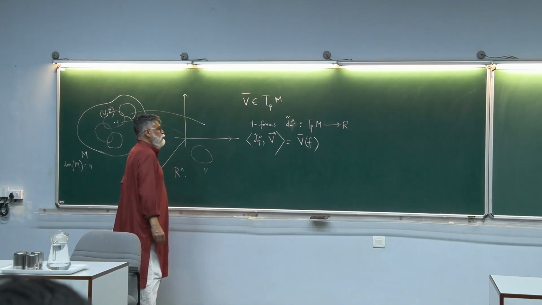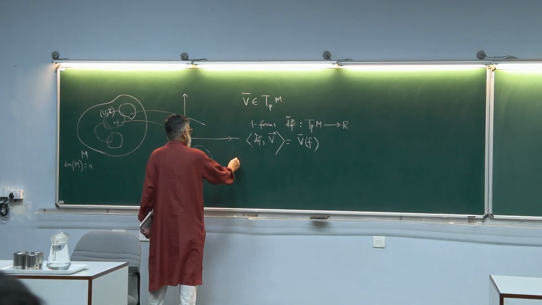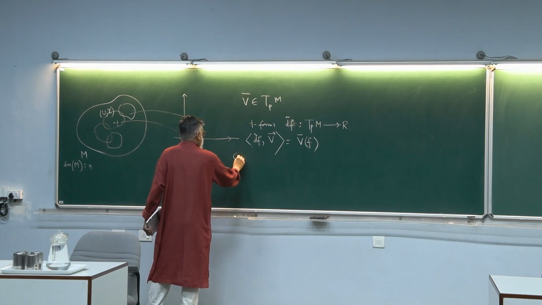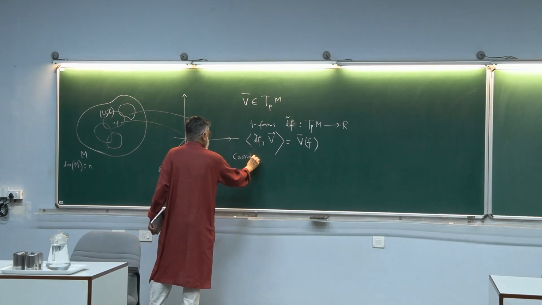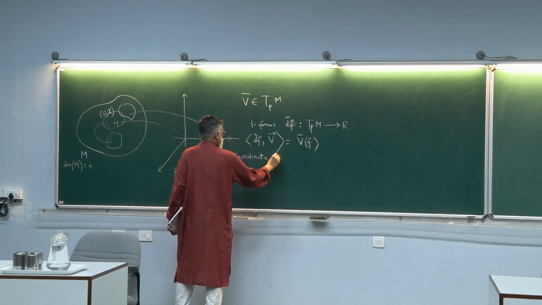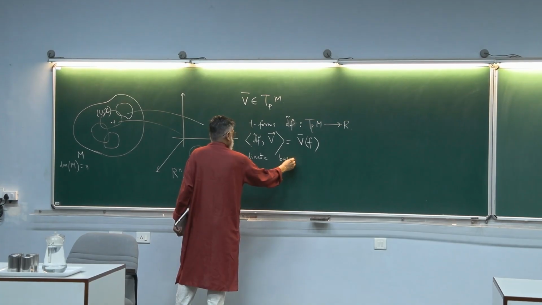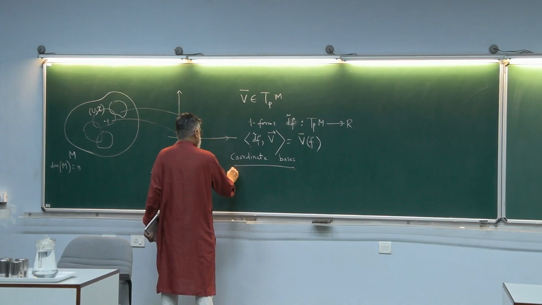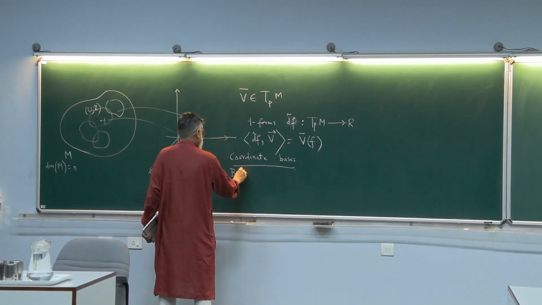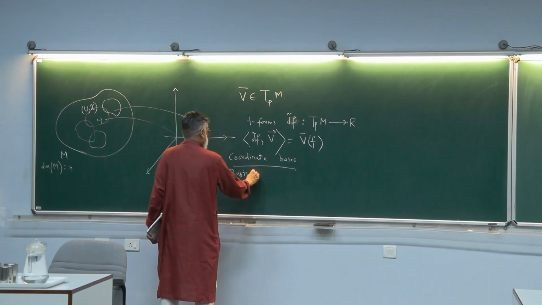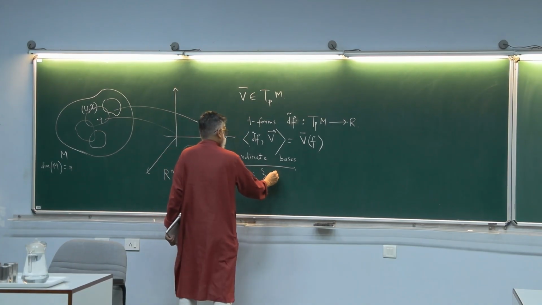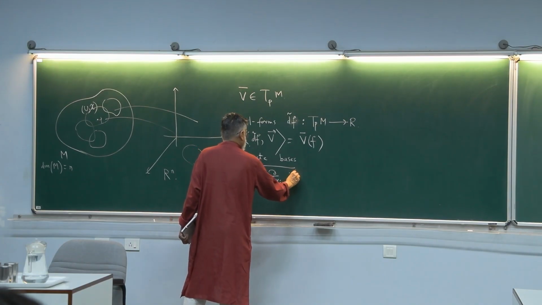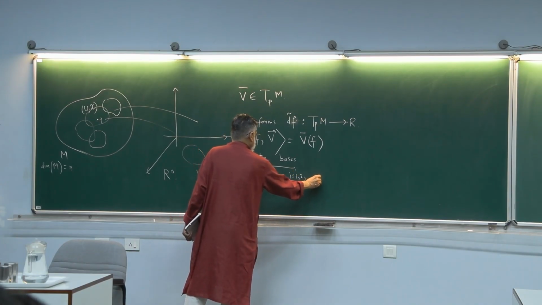And then we talked about the fact that you could have different kinds of bases. In particular, the coordinate bases, in plural, because for the vectors you have the coordinate basis del by del x i, with i going from 1 to n.